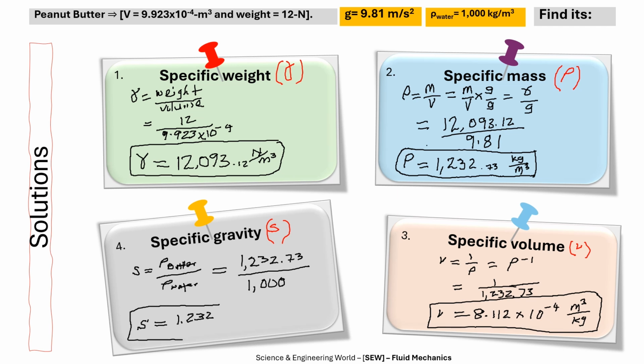So specific gravity of peanut butter is 1.232.